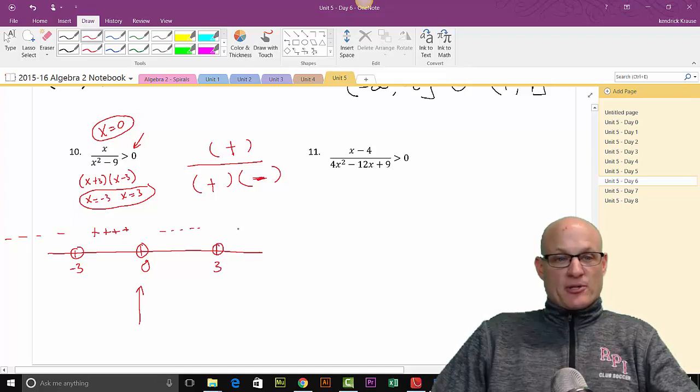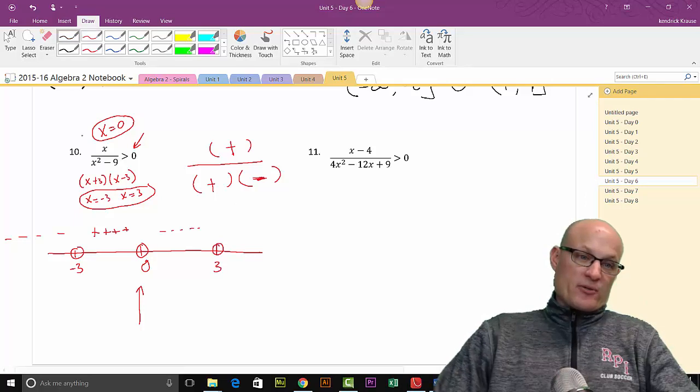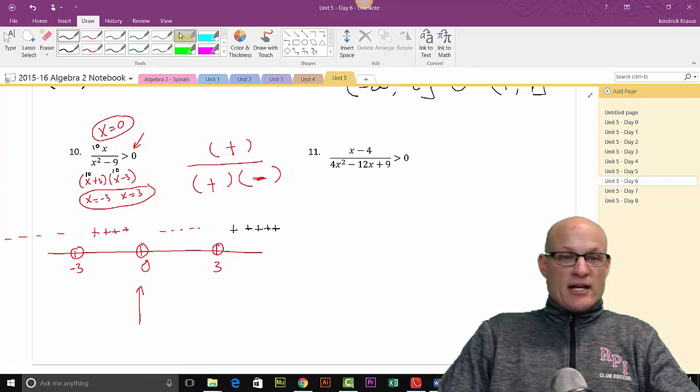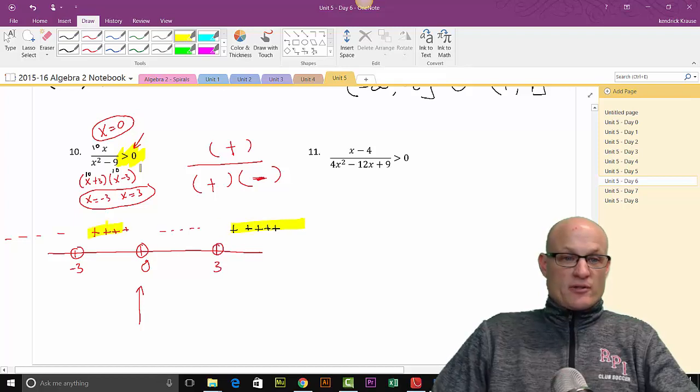And finally, I'm going to plug in 10. I plug in 10 here, that's just positive. I plug in 10 here, that's positive. And I plug in 10 here, that's positive. So everything is positive. So again, take a look, I want where it's positive. I want this one, and I want this one. So let's connect the dots.